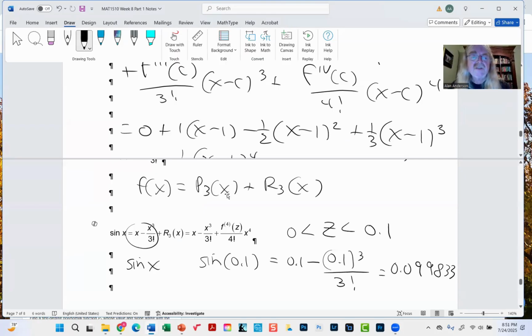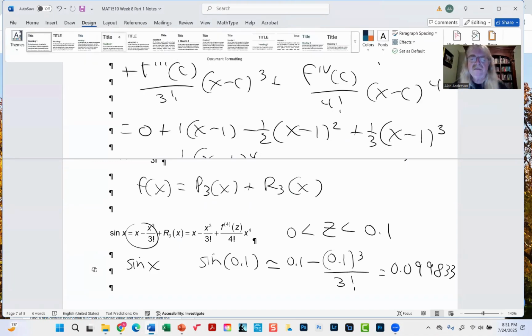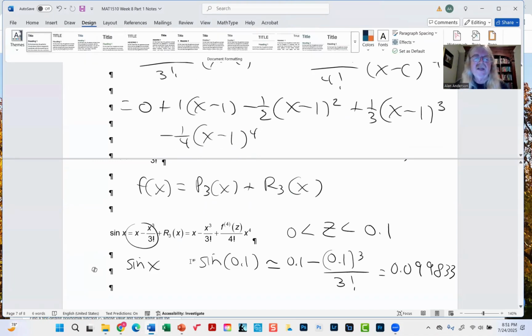Actually, you know what I just realized? We're supposed to use the approximation symbol here because this is not exactly correct. What I've done here is I didn't put sine 0.1 in my calculator. I used this third order Maclaurin polynomial to come up with that. So it's approximately 0.099833.